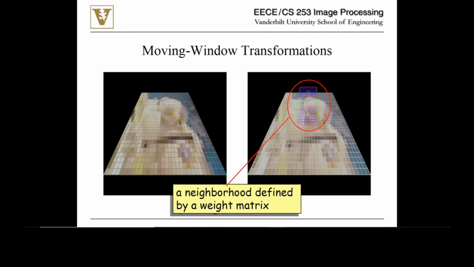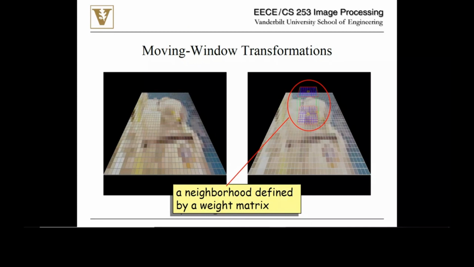You will take that kernel and compute the value associated to the pixel in the middle, in the output. To compute this output, you have to take into account the neighborhood of that pixel.